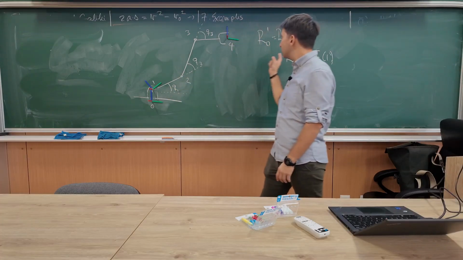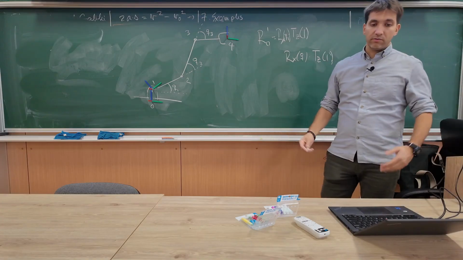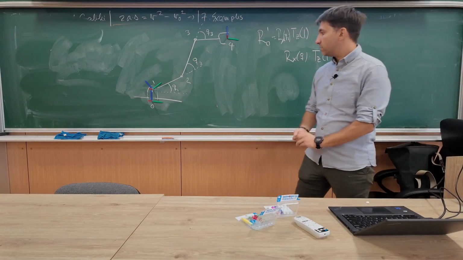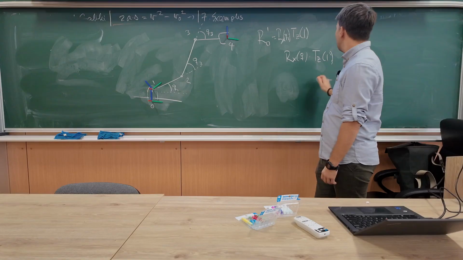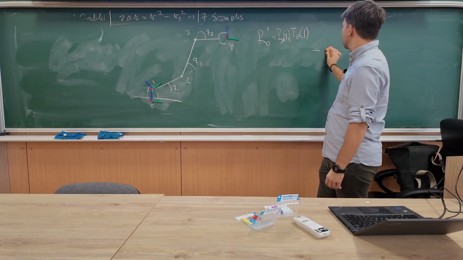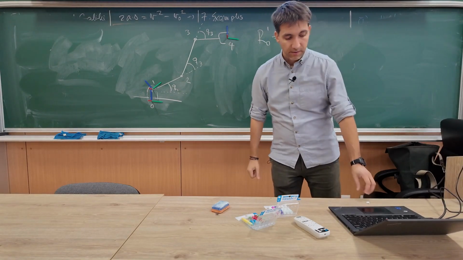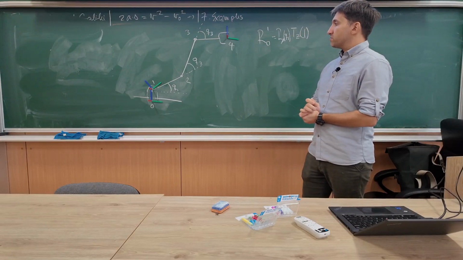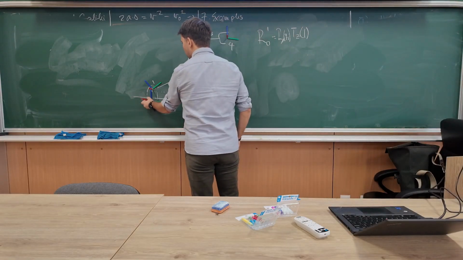I have the same result. How you're going to transform that into words is another story. All right. So this is the first transformation. Let's move on to the next one.